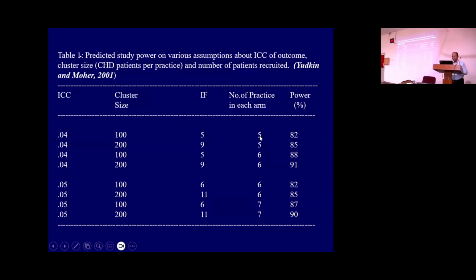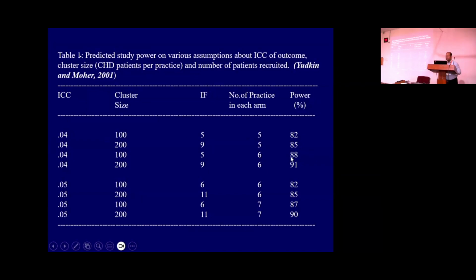If I take 5 clusters, the inflation factor or design effect is 5, the size is 100, and the power is 82. Then someone said, let us have the same size of 100, but increase the number of clusters to 6. What happens to your power?